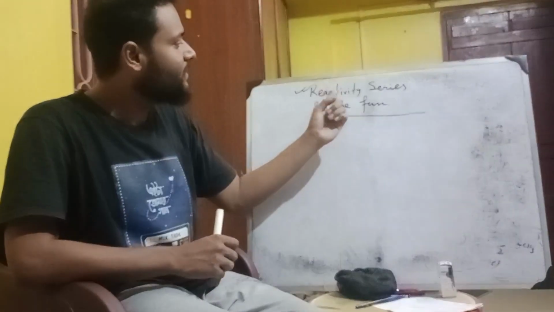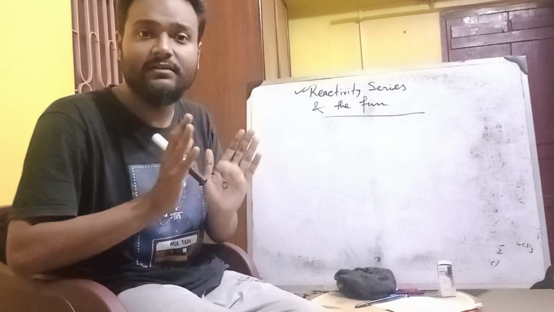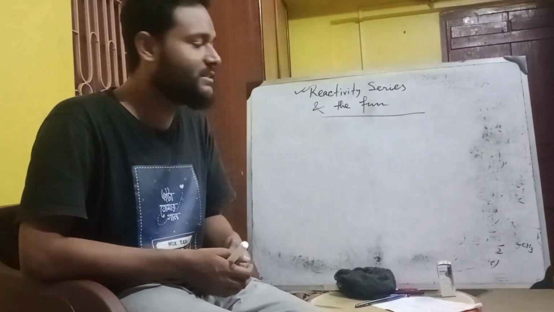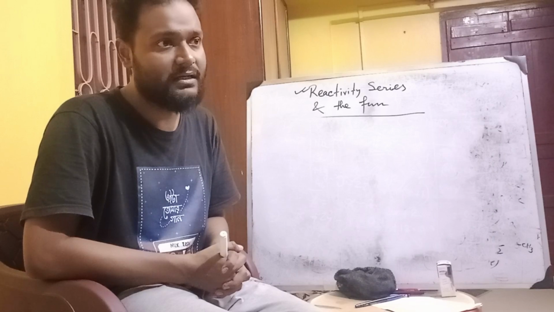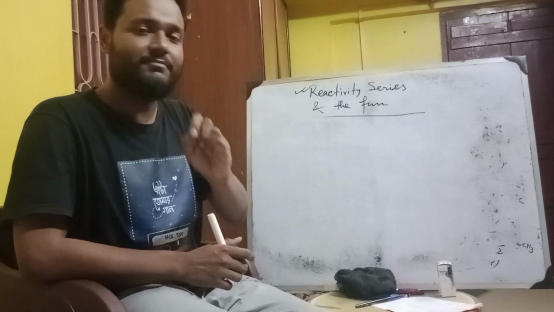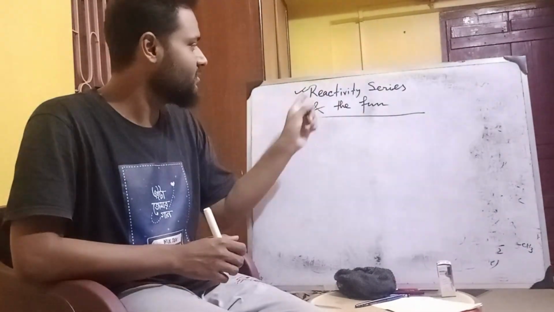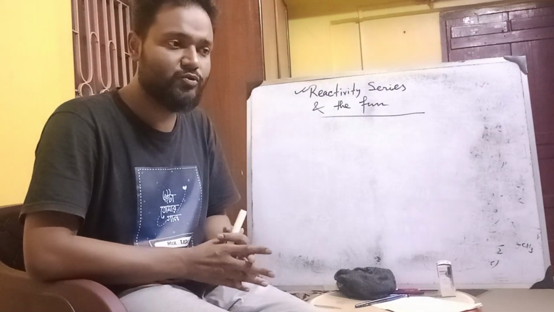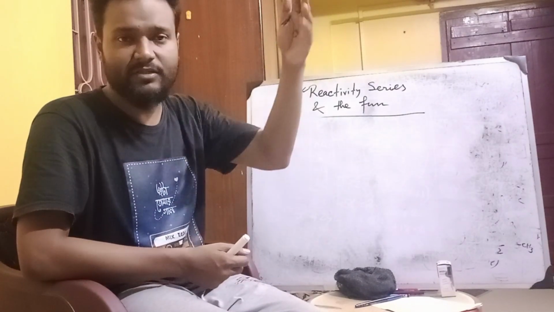Okay, students. So this is the heading: reactivity series and the fun. Why is it fun? Reactivity series is what? It is a part of chemistry. In the subject chemistry, there are some chapters in which this series is involved, and we need to know the series properly, like atomic numbers 1, 2, 3, 4.